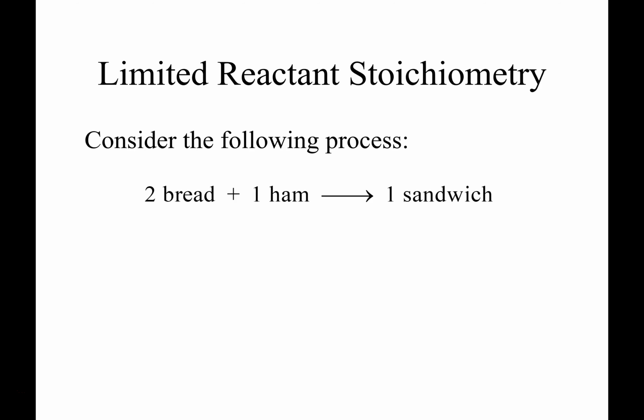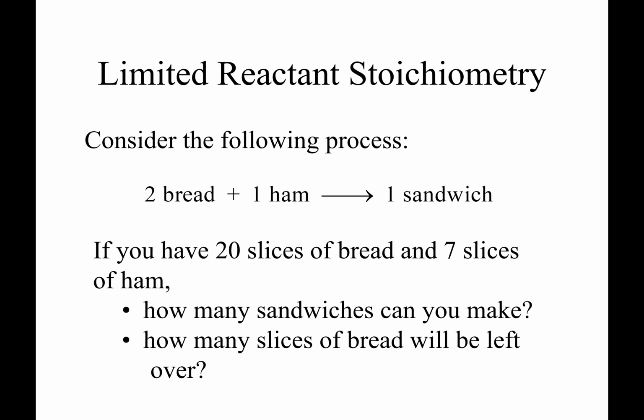So switching it from cookies to sandwiches, what if this is the recipe for my sandwich? For every sandwich, I'm just going to make a simple sandwich, 2 slices of bread and a piece of ham between them. Okay, so my reactants are my bread and ham, and my product is my sandwich. So I've got 20 slices of bread and 7 slices of ham.